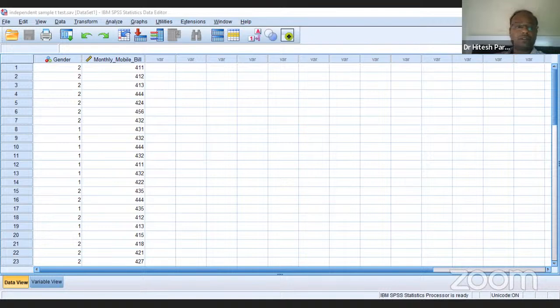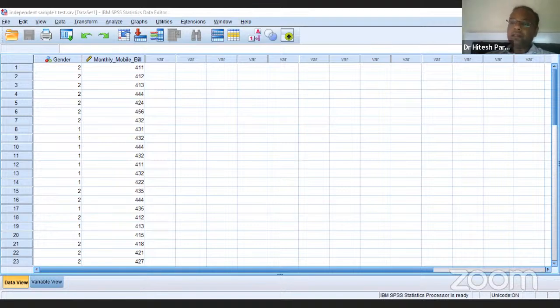Say for example, here in the data set you are able to see monthly mobile bill and gender, right? Now maybe say for example, based on the literature review, we are commenting that who takes the more monthly mobile bill. Is it male respondent or is it the female respondent?